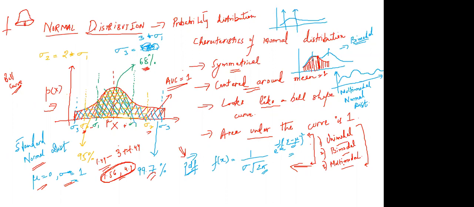So the standard normal distribution is, theoretically it is possible. In the real world, you do not see it.